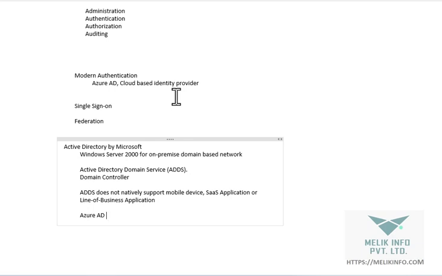Sometimes we also refer to this as identity as a service, IDaaS in short.